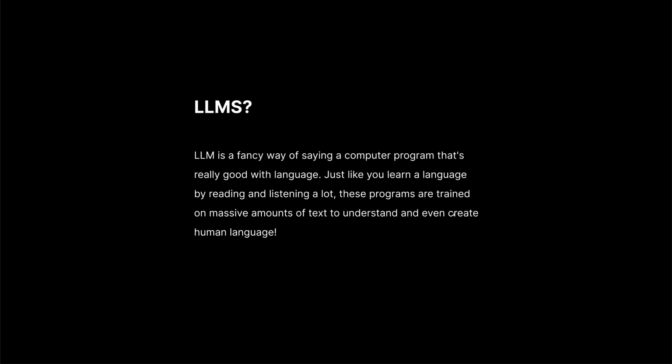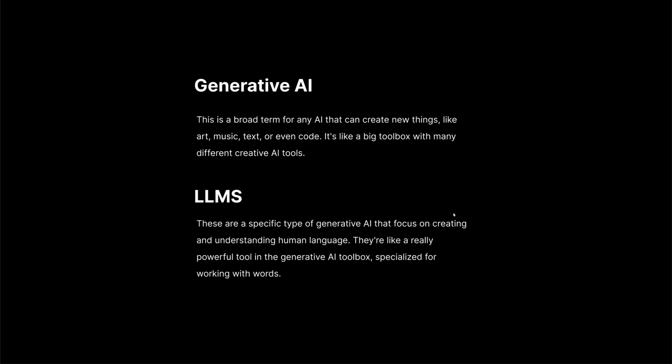But there is also a huge misconception between generative AI and LLMs. So what do I mean by generative AI? Generative AI is a broad term for any AI that can create new things, for example art, music, text, and even code, something which we are going to be discussing throughout the course, but you don't have to worry about that for now. I want you to keep this sentence in mind: it's like a big toolbox with many different creative AI tools.